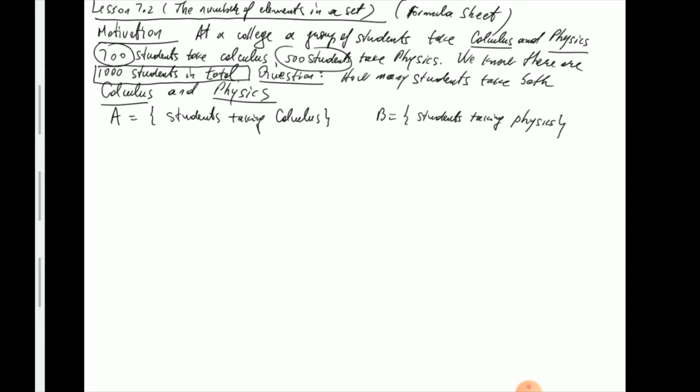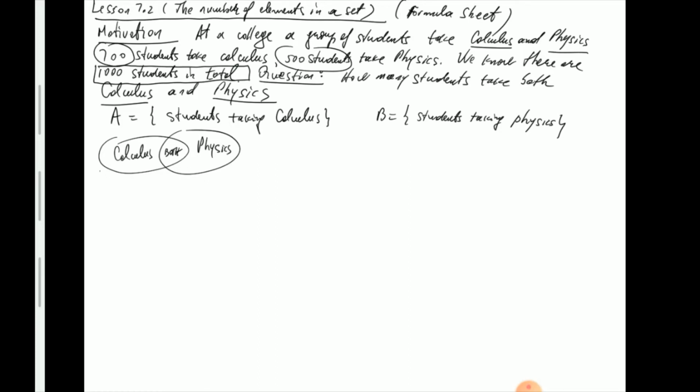If you were to sketch them with two diagrams, they obviously overlap, because the number of elements in each set exceeds the number of students. So you have calculus in this diagram, physics over here, and the overlap is both.